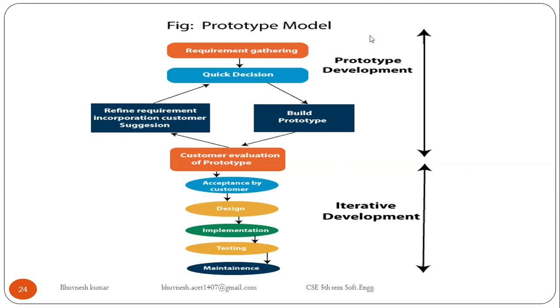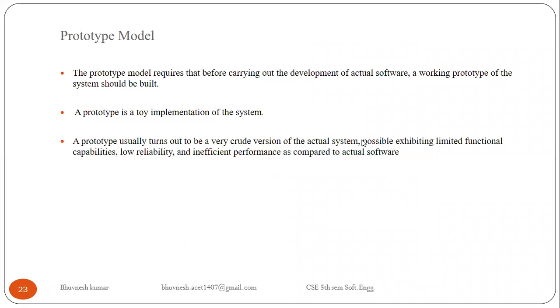Up to the customer evaluation, this is the prototype development, and after accepting that, the iterative development process starts, meaning the iterative waterfall model. The prototype model is a combination of prototype development plus iterative development.